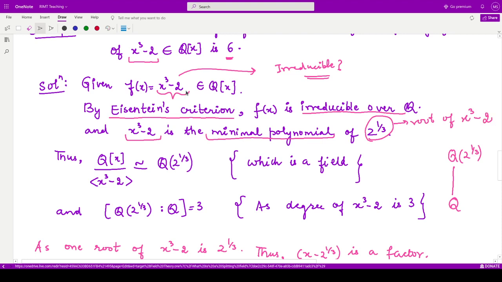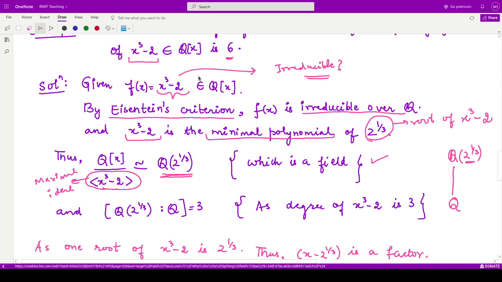Now if this is an irreducible polynomial, the ideal generated by this polynomial would be the maximal ideal. And if this is the maximal ideal, Q[x] divided by this maximal ideal is the new extension field, where now you have adjoined 2 to the power 1 by 3 to the field Q. So this is now a field. And what is the degree of this extension field over the lower field?